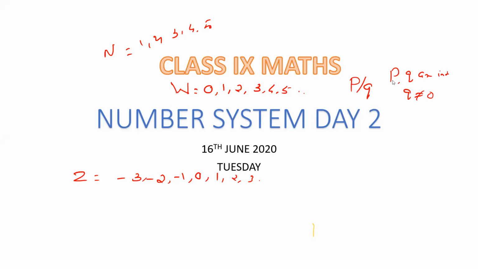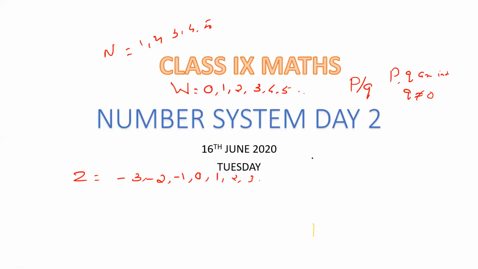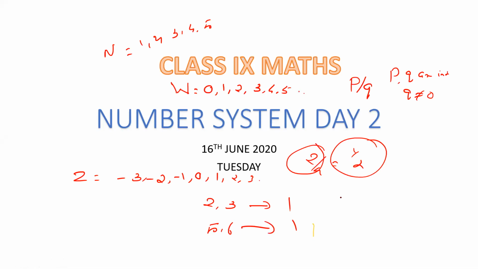Co-prime means what? Suppose 2 by 4 is what? 1 by 2. This is also a rational number. This is the lowest form of a rational number. Here 1 and 2. What is the common factor? 1. So if two numbers, suppose 2 and 3, what is the common factor? 1. 5 and 6, what is the common factor? 1. 2 and 6, what is the common factor? 2.